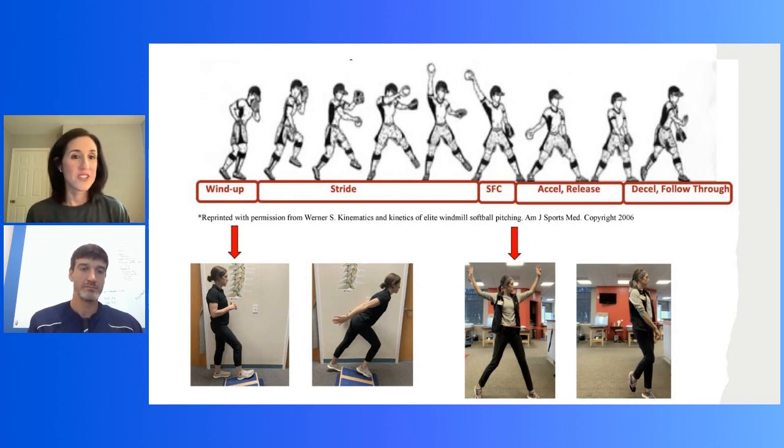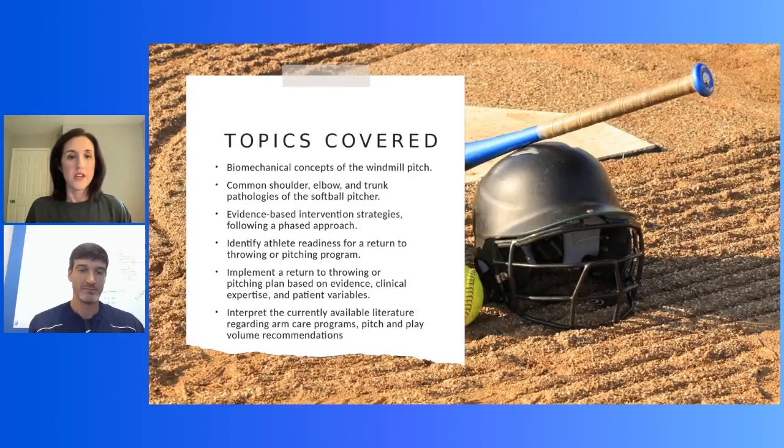Again, these are easy examples of how you can integrate this even in the early phases of rehab while they're trying to build up some of that overall endurance of the cuff muscles and understanding how to center before integrating both upper body and lower body within the later rehab phases. Again, just high level, along with those biomechanical concepts and how to integrate that into the clinic from a phased rehab approach, the pathologies that we'll cover really are the shoulder, elbow, and trunk pathologies.